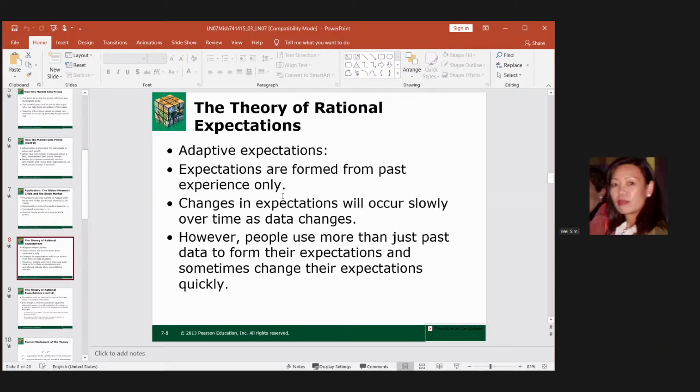Why do we talk about expectation? Because investment is very, very important based on what you expected. And also the Federal Reserve Bank, when they want to set up, for example, print money or set the interest rate, they want the world to follow them. They said they expected inflation to be 2%.